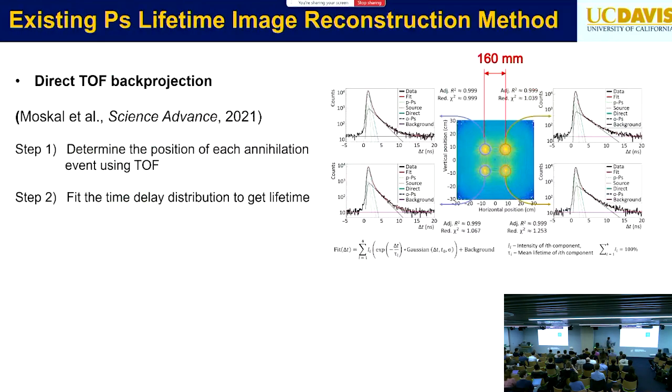So of course, there are some existing methods available already, and this was based on a two-step process. The first is using the time of flight information to localize the events, and then just perform fitting. So for example, here there are 4 point sources far away from each other, so you can use the time of flight to localize the events and then fit the time histogram to estimate the Positronium lifetime inside each tissue.